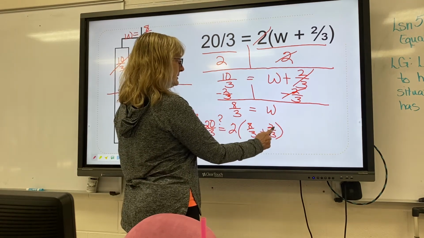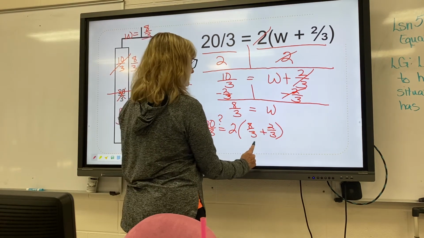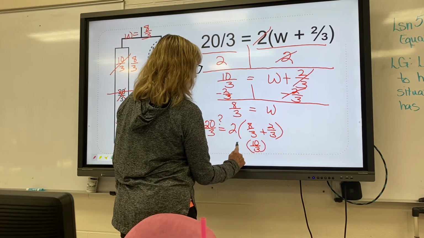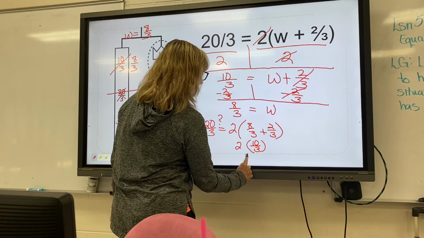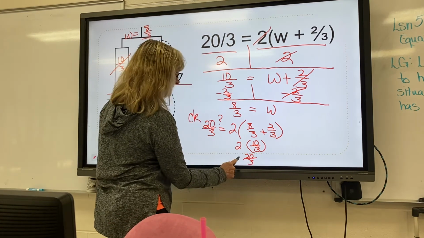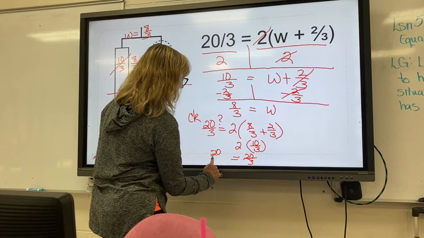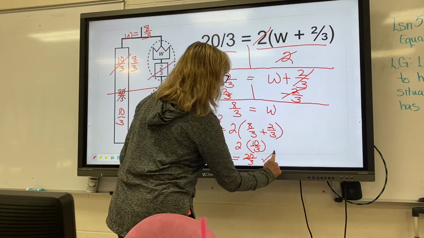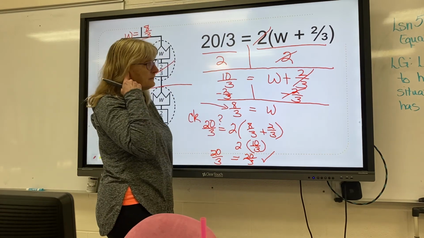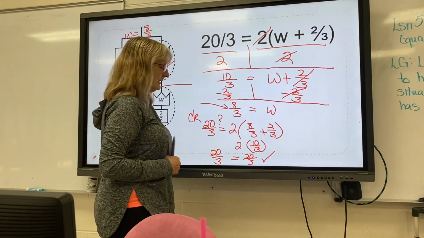So 8 thirds and 2/3 makes 10 thirds. We're going to multiply that by 2. 2 times 10 is 20. So that's 20 thirds, and that is exactly what I wanted to get. So I can say that my solution right here, 8 thirds, does in fact equal W. All right.